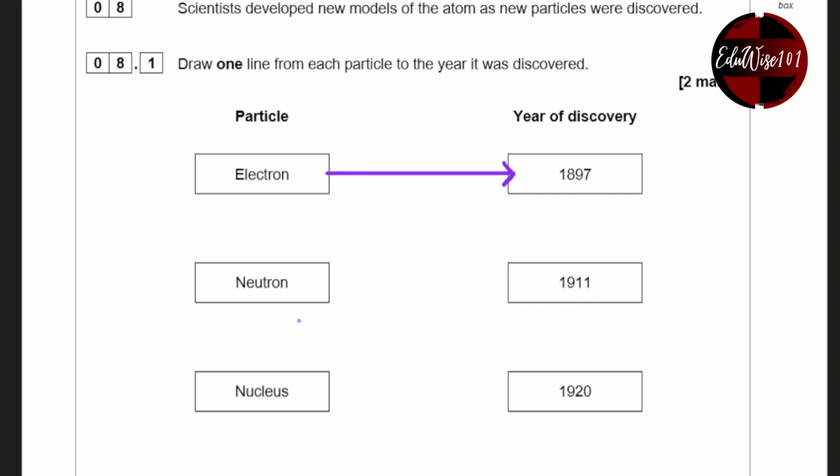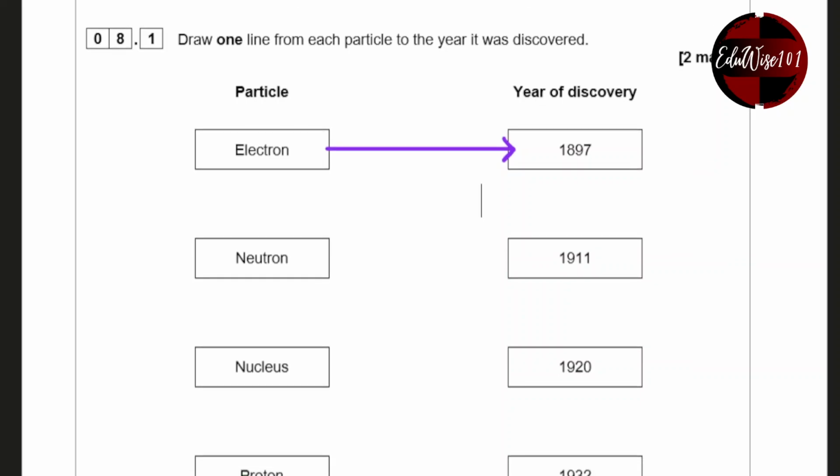And the neutron and then the nucleus. Now, the neutron was the one which was discovered last. The electron was discovered and then the proton was discovered. So, we have the proton as well here. So, this is going in order. The years are going in order.